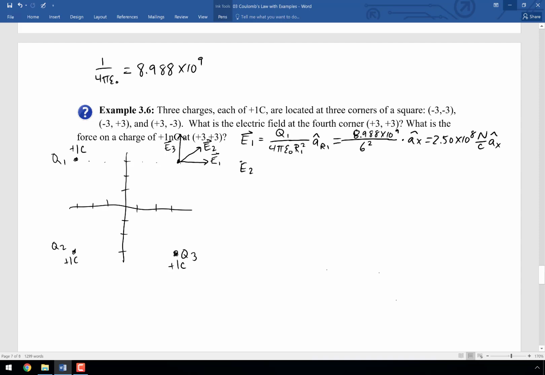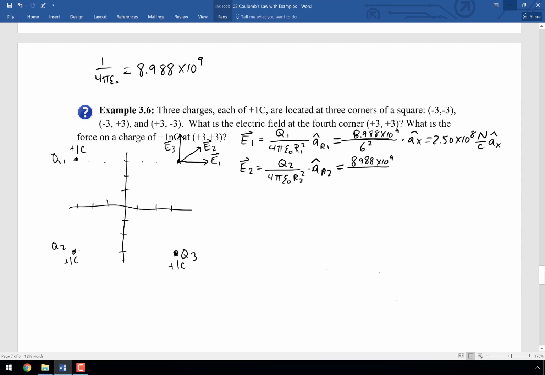E sub 2 is Q sub 2 divided by 4 pi epsilon 0 R2 squared times A sub R2. Now Q2 is still 1 coulomb. The 1 over 4 pi epsilon 0, that's still going to be 8.988 times 10 to the 9th. What is R sub 2?